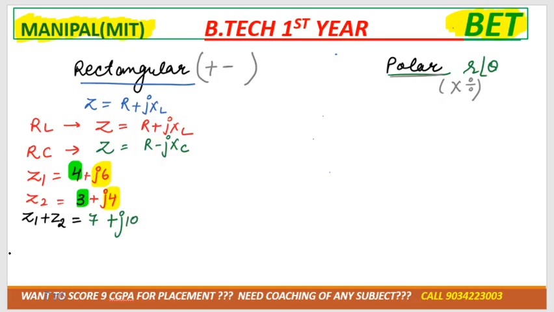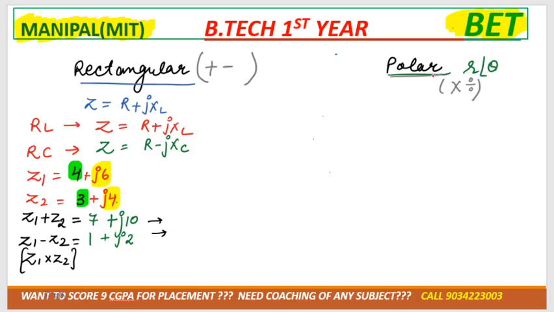Similarly you can do Z1 minus Z2, that is 4 minus 3 is equal to 1, and J6 minus J4 is equal to J2. But if they ask, ma'am, how can we do Z1 into Z2? For that we need to convert rectangular form into the polar form for multiplication or for division.